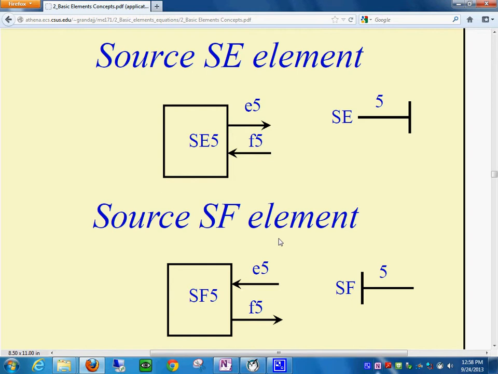Examples of effort sources: voltage, torque input, force input. Examples of flow sources: following the profile or velocity source, and the same thing could be true for the rotational systems.